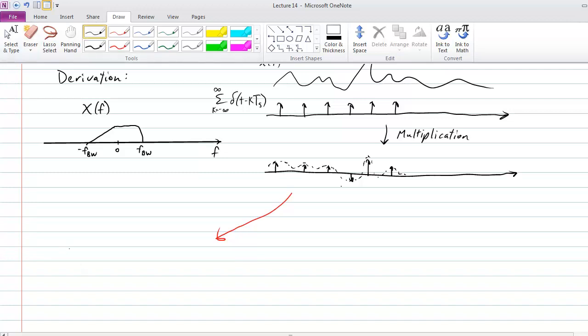So this is going to be X of f convolved with the Fourier transform of that delta train, which was fs, 1 over the sampling period, times the delta train in this domain.